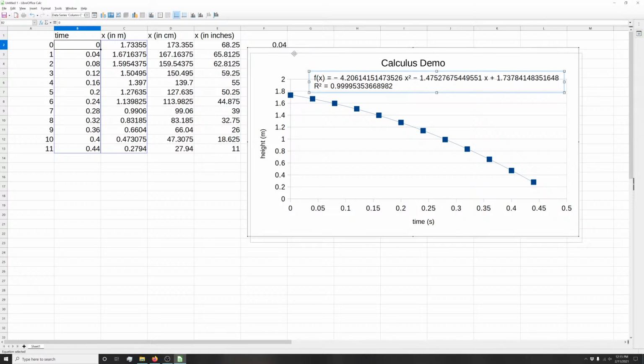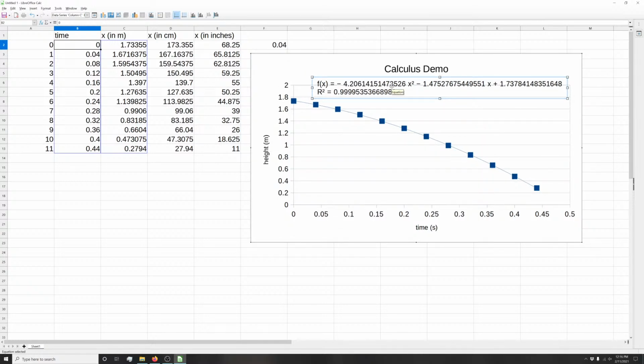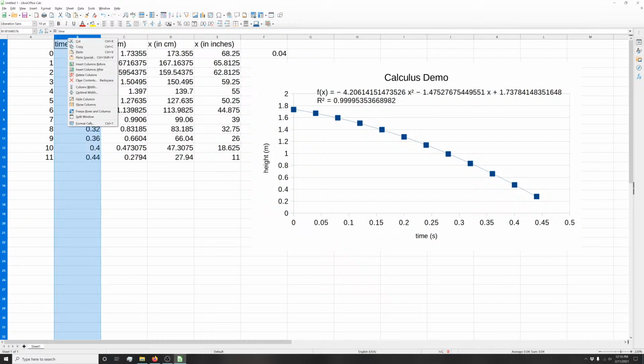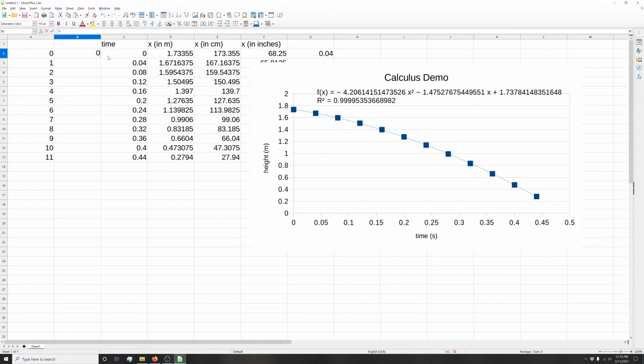There was a little bit of an issue when I saw this. The data, I think, is fine, but I think the timing from the strobe is a little off. So what we can do, in real time, which is nice, is maybe I'll insert a column before, and I'll put the times here.